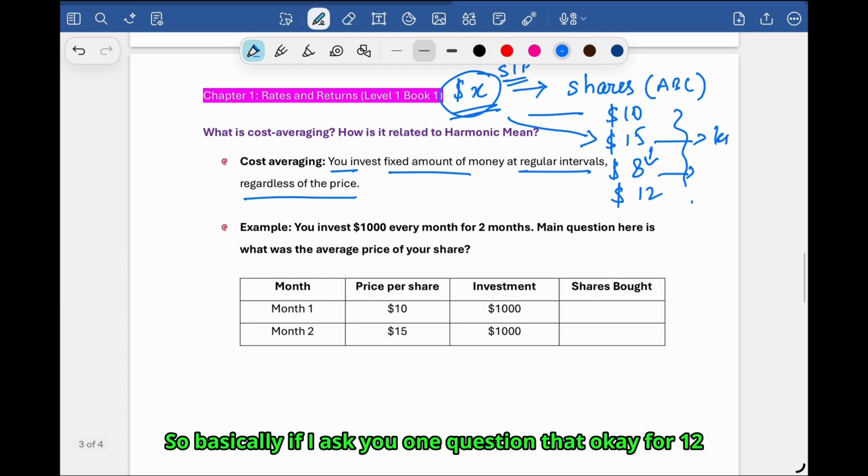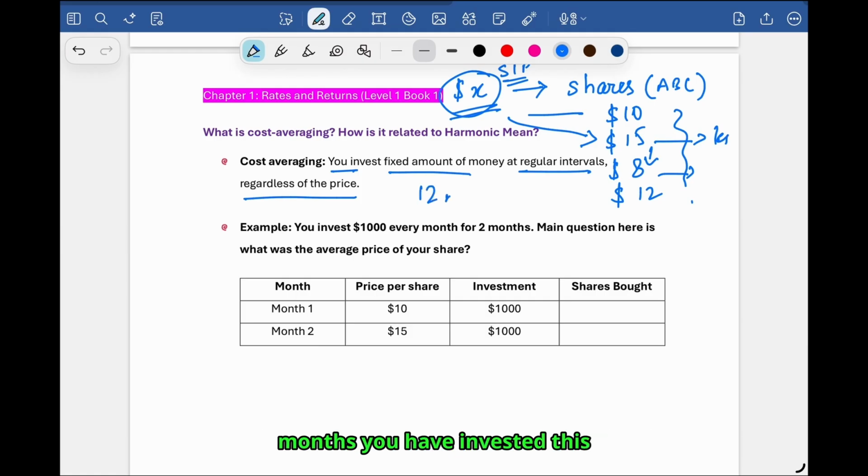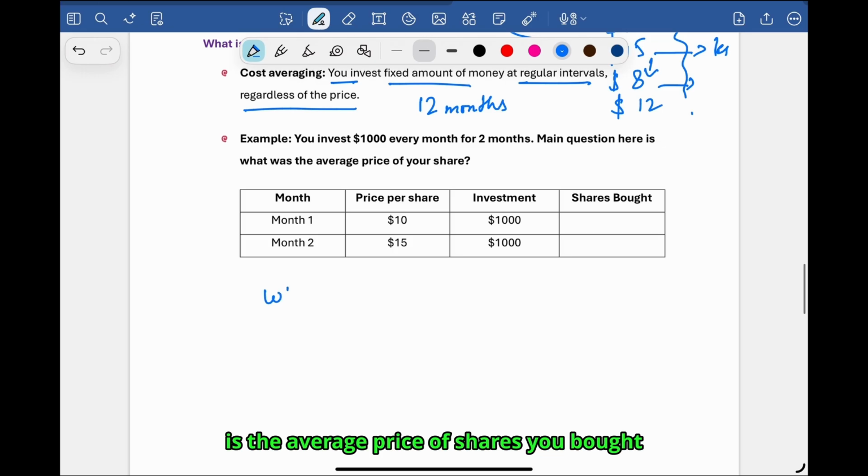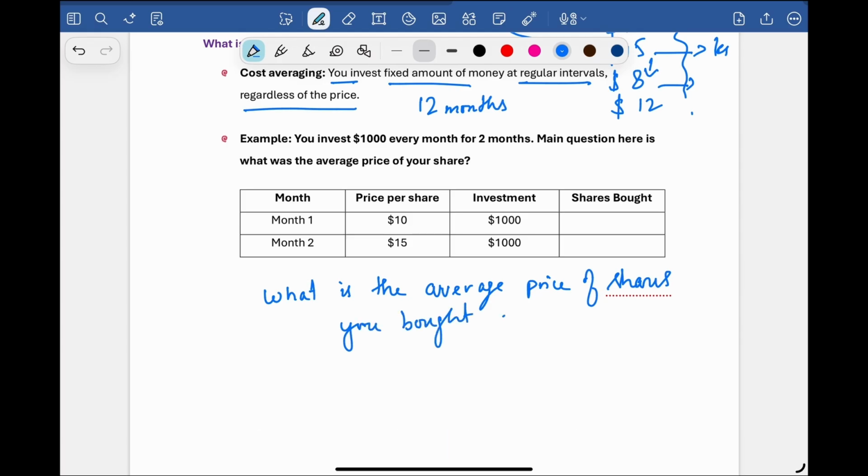Basically, if I ask you a question that, okay, for 12 months you have invested this X amount every month, and if I ask you, what is the average price of the shares you bought in the last 12 months?